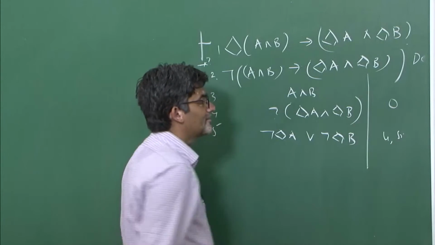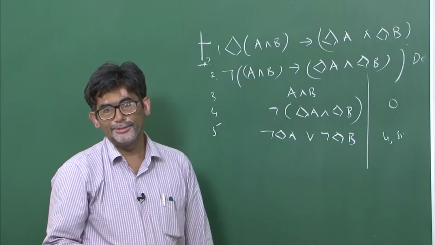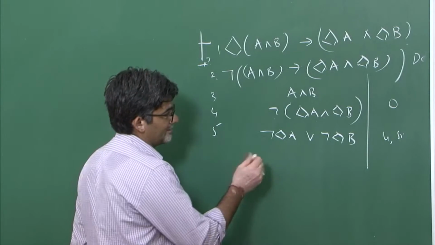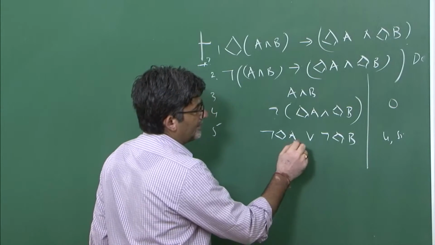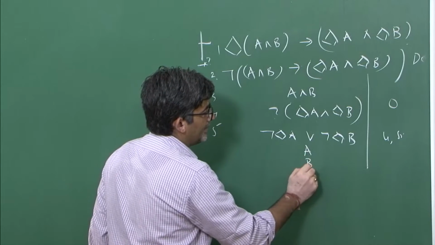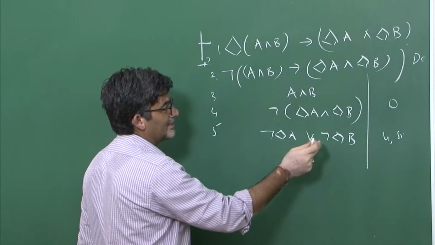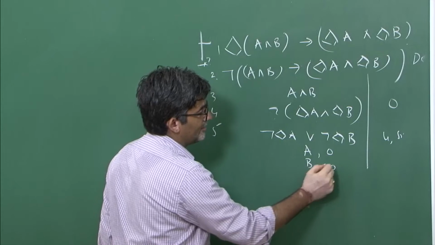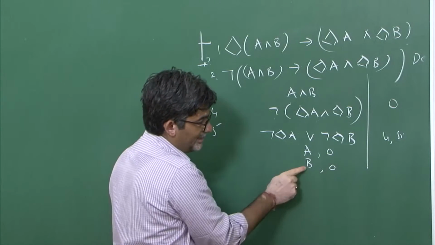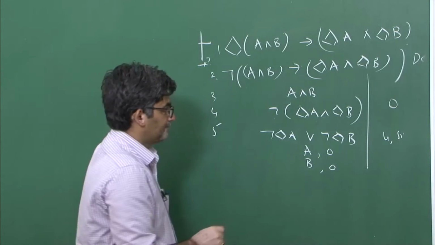Let us assume that they are true in a world 0. You can take W or U or V also. A and B, 3, is simplified into A 0 and B 0. That means A is true in world 0, and B is true in world 0.